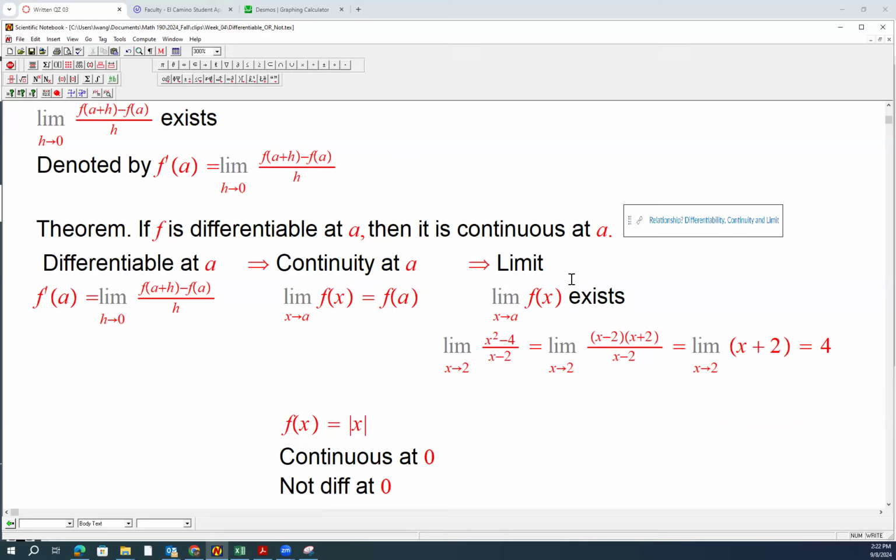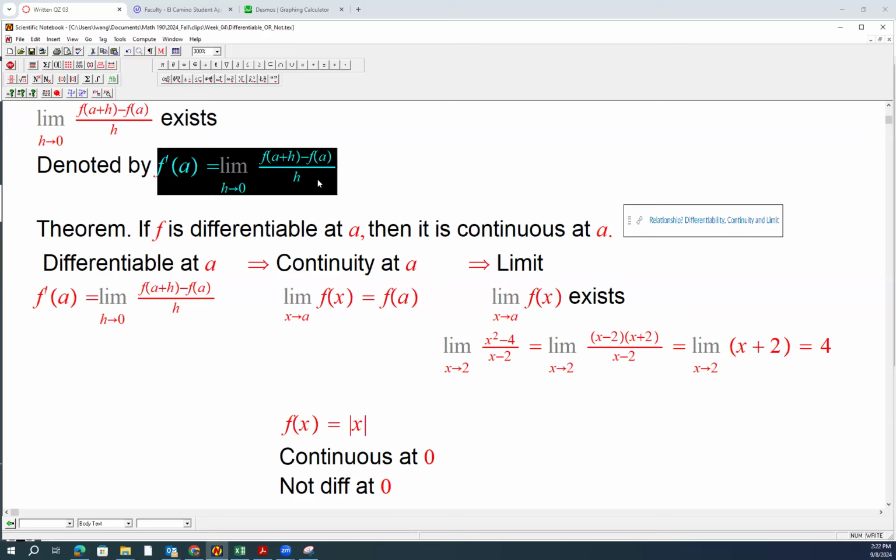You can work on limit, you can work on continuity, but in the case that limit exists and continuity is also true, you cannot draw any conclusion about whether the function is differentiable or not. So the ultimate one is the definition.